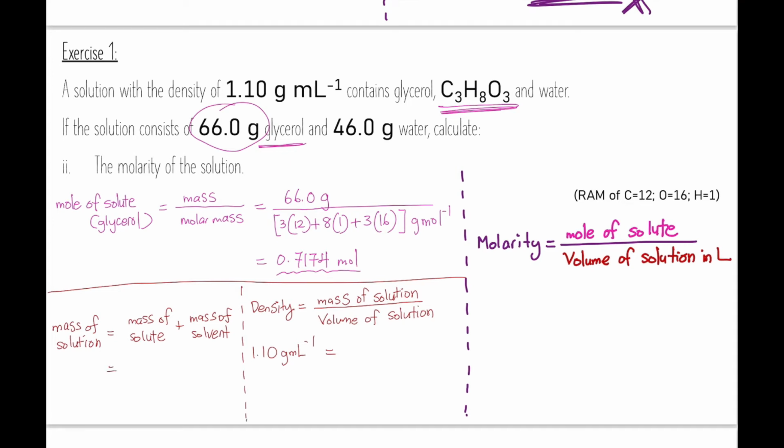The mass of solute is 66 gram and the mass of solvent is 46 grams. Therefore, the answer is 112 grams. We can substitute this value into here, mass of solution. So 112 grams here.